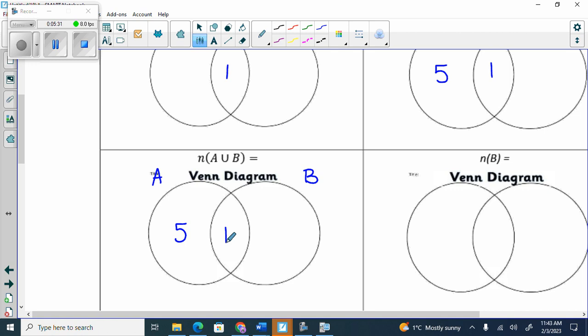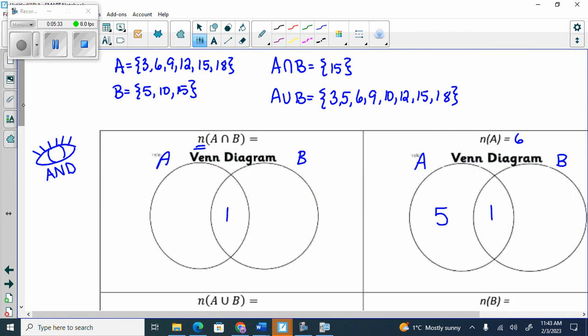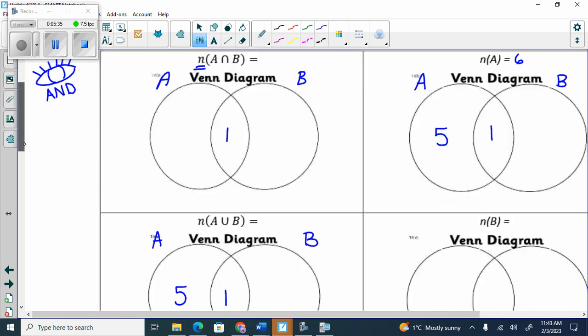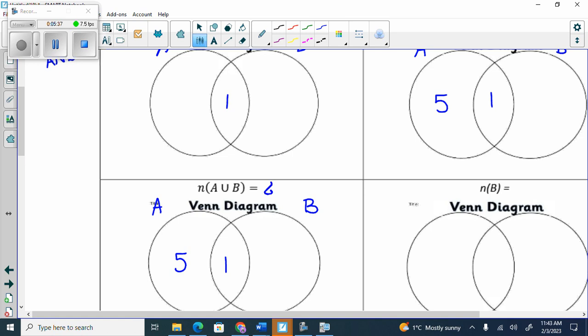How many are in A or B? 8. Or is the snowman. It's hard to draw sideways.